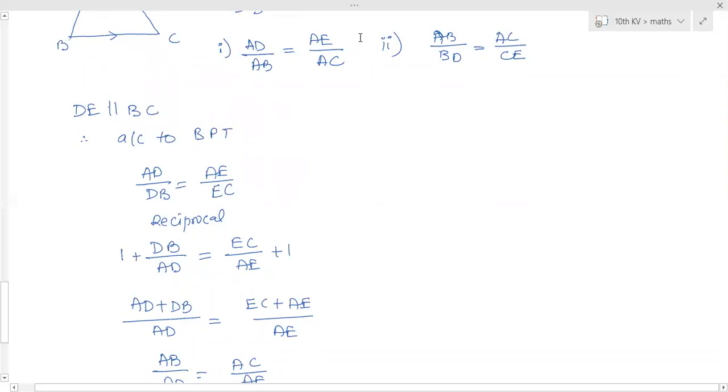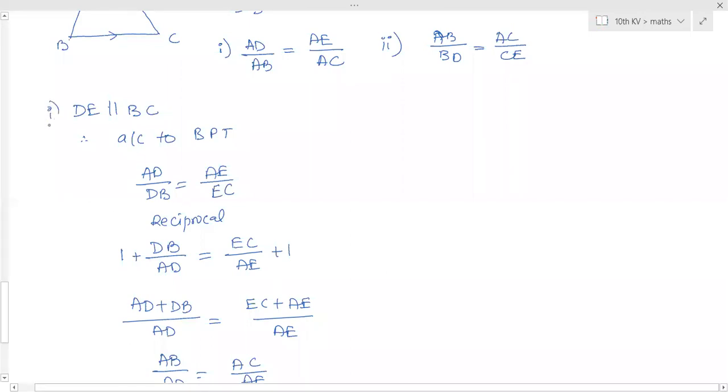But what do we need to prove? We have to prove AD by AB and AE by AC. So AD and AE would be left out if we add 1 on both sides without reciprocating.